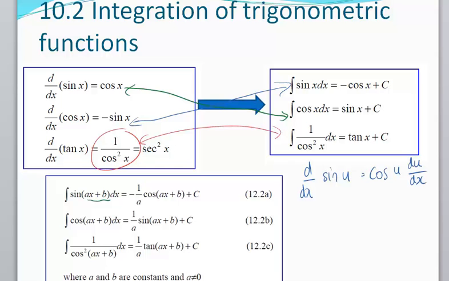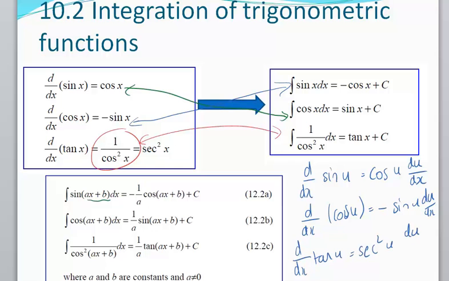Here d on dx of cosine of u is equal to negative sine u du on dx. So we know that we need to have this du on dx on this side to integrate to end up back with our cosine of u. And our third formula, tan of u, is sec squared u du on dx.